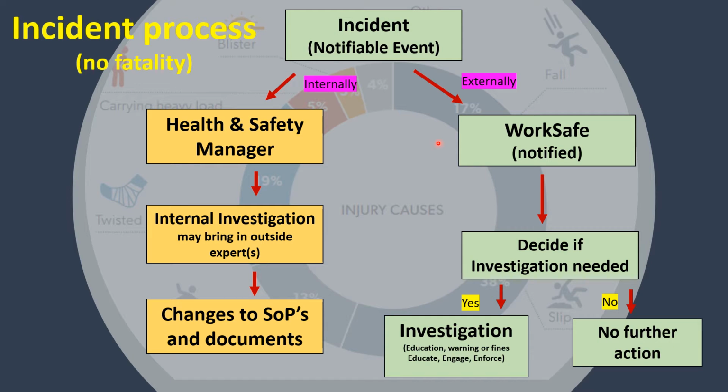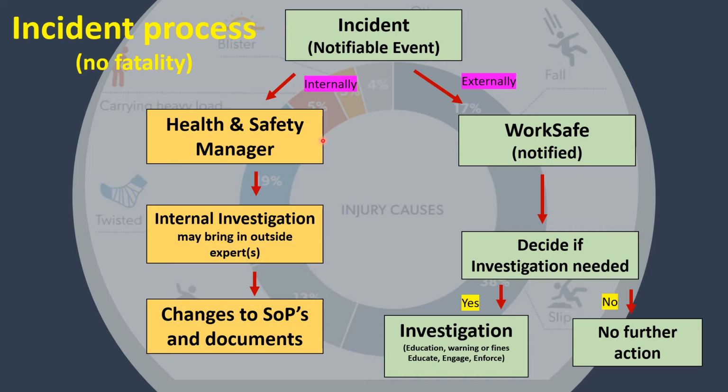So just looking at the incident process, for a notifiable event, and that is the term used by the Health and Safety at Work Act and WorkSafe to replace the term serious harm. Internally within your own organisation, the incident will get reported to your health and safety manager or coordinator or someone senior in the organisation, big or small.